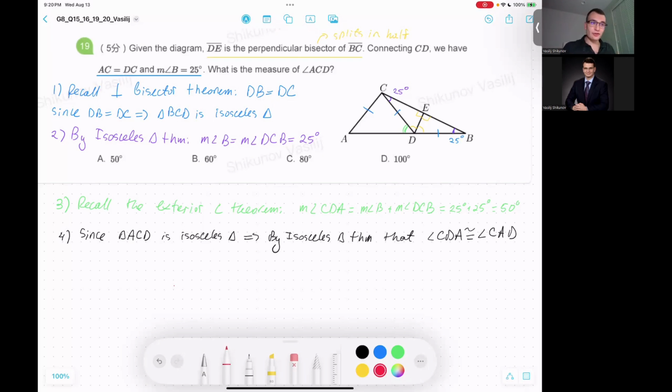So now let's use the sum of the interior angles. What are we trying to find? ACD. And ACD is a part of what triangle? ACD. So this angle right here.